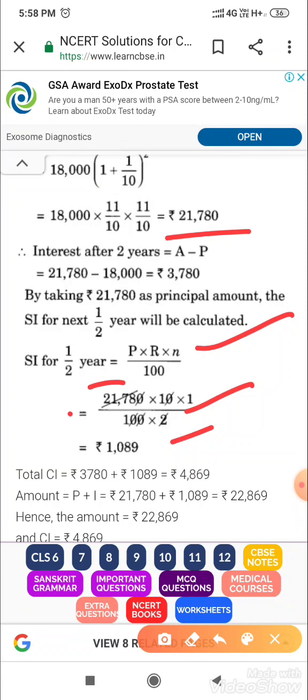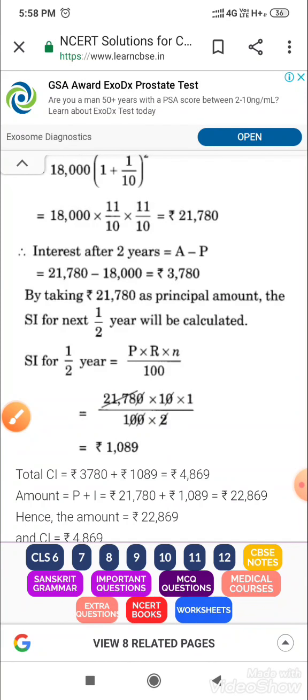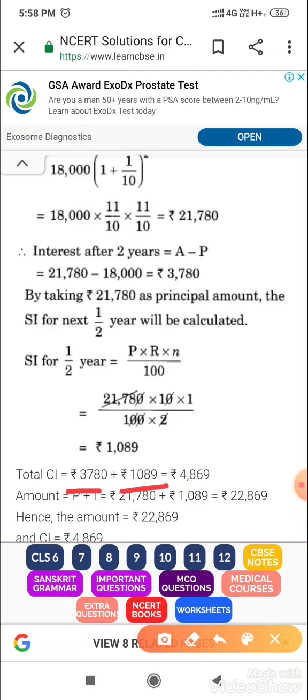After calculating this step, we have rupees 1,089. For calculating total CI, we have to add 3,780 plus rupees 1,089.